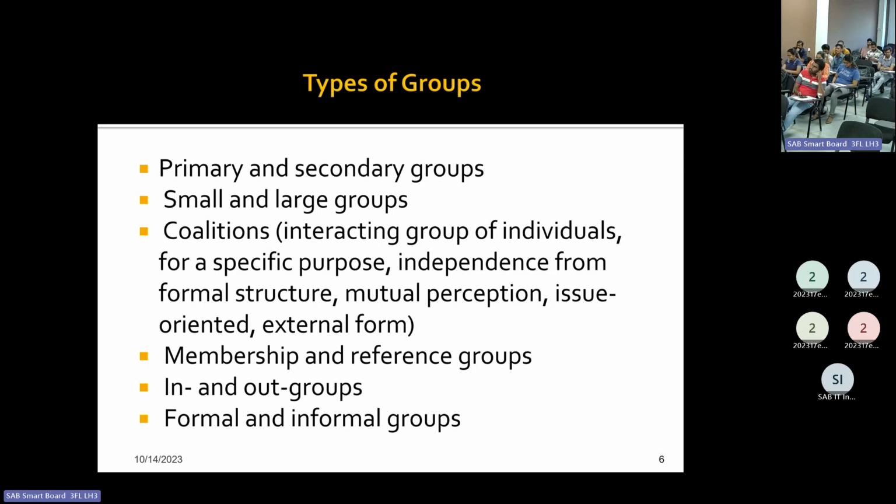Therefore, formal and informal groups and coalitions can be well recognized in an organization. But other types of groups also can be used to explain the members' behaviors in an organization: small, large, primary, secondary, in and out, membership, reference, all should be used. But maybe we should consider formal groups and informal groups.